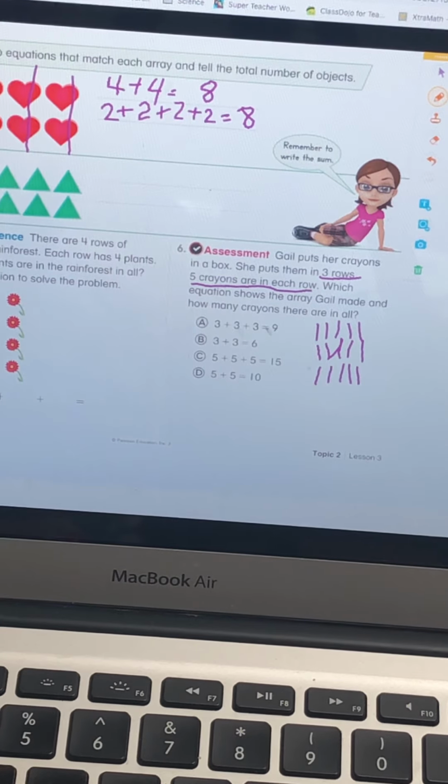All right, so does this say 3 plus 3 plus 3 equals 9? No. So I'm just going to mark that one out. Do you see 3 plus 3 equals 6? How about 5 plus 5 plus 5 equals 15? Yes. How about 5 plus 5 equals 10?